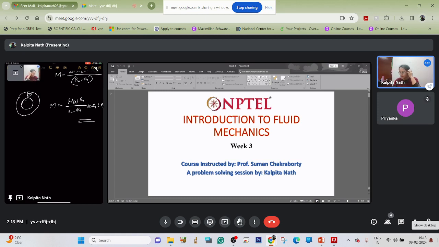This will be similar: force equals stress into area, and that force is multiplied by the distance of the elementary area we are considering from the axis of rotation. That distance from the axis of rotation will be multiplied with the force to get the moment.